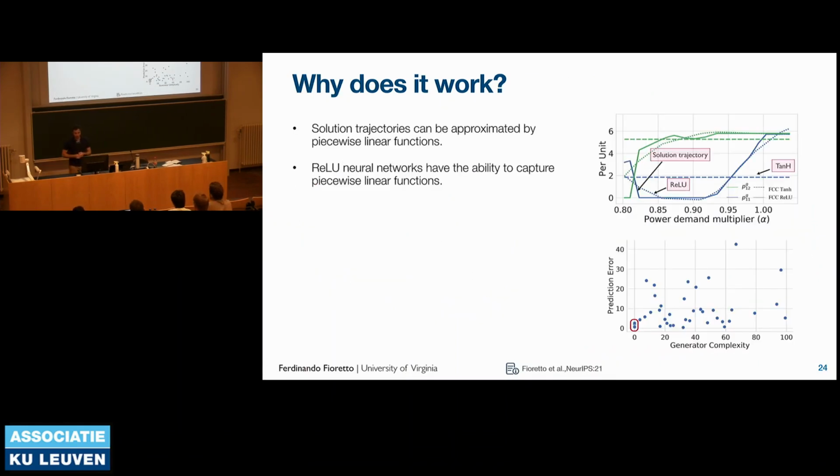So we were happy. This seems to work, but then we also want to know why, right? Why is this model ending up approximating our hard optimization problem pretty decently? The first thing I wanted to note, let's do this with an illustration.